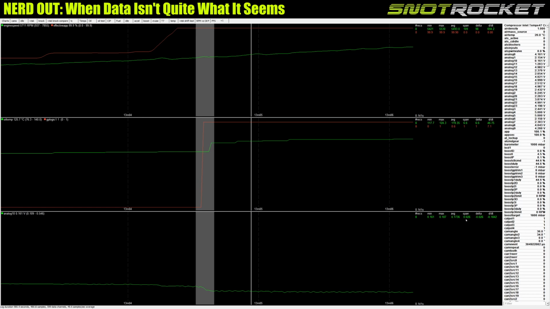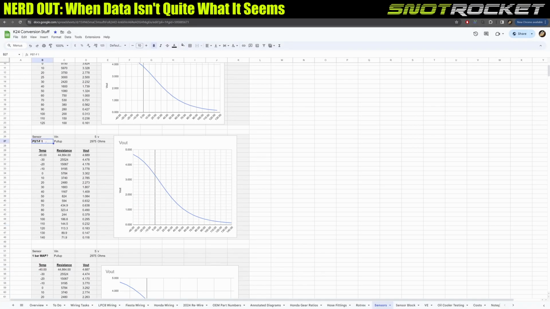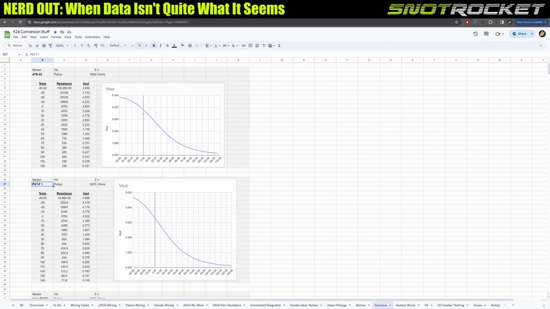Now, that's not a lot, right? That's a really small amount. However, going back to the transfer function, so this sensor here is the pressure sensor, the combo pressure temperature sensor that I'm running on the engine. Now, as you can see, going back to the principle that I said before, in the area that you care about, temperature-wise, you want the steepest slope.